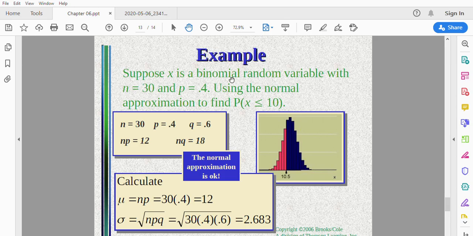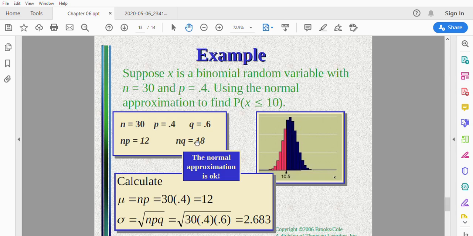It must be greater, it cannot be below, because we want to use the normal, which is for very large quantities. Here from the question, they give n and also the probability p of success. We need to identify the failure probability, which is 0.6, and 0.4 for the success.